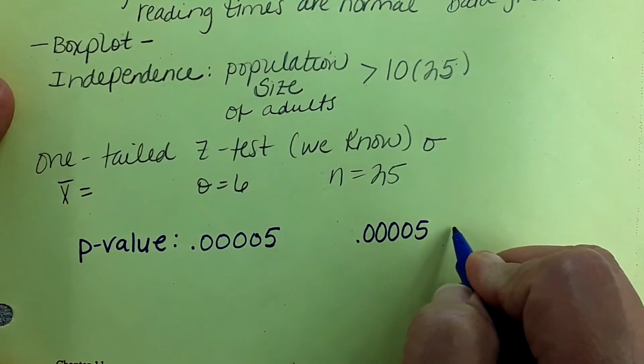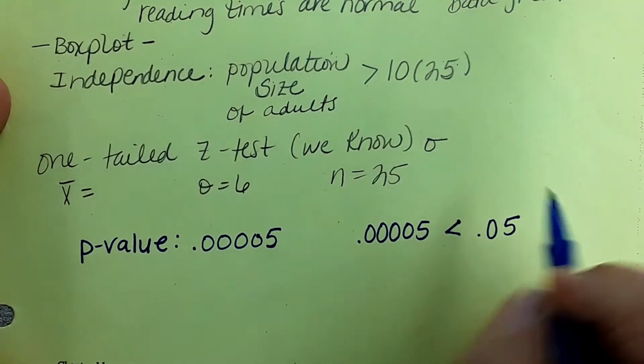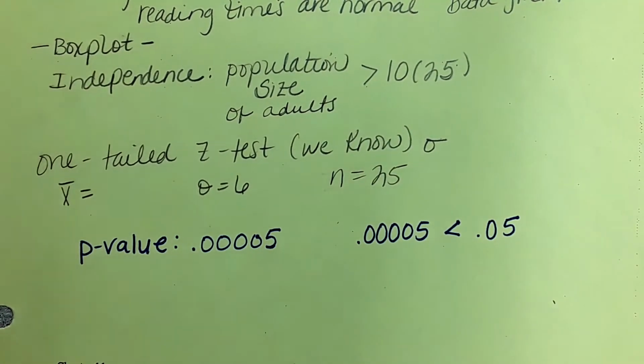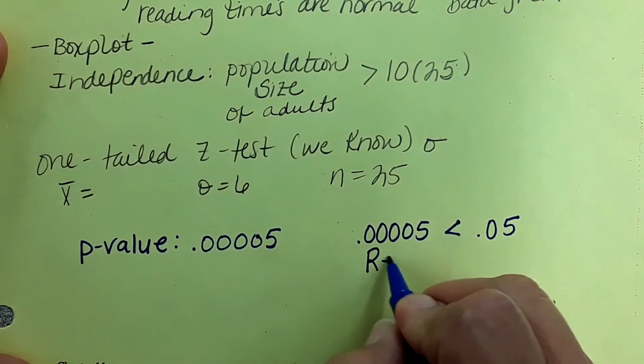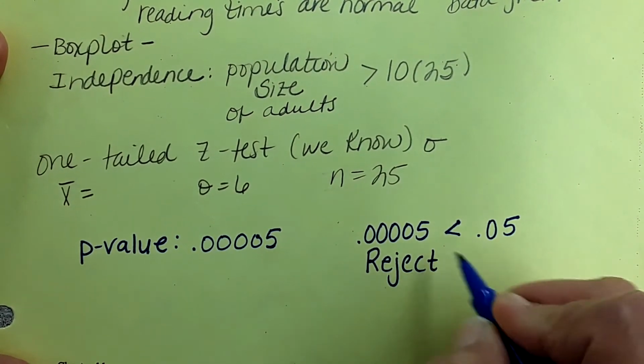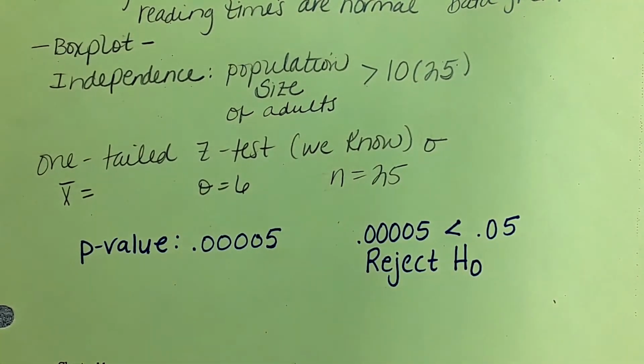Smaller. So would we fail to reject or would we reject? If your p-value is smaller than your alpha level, we're going to reject the null hypothesis.